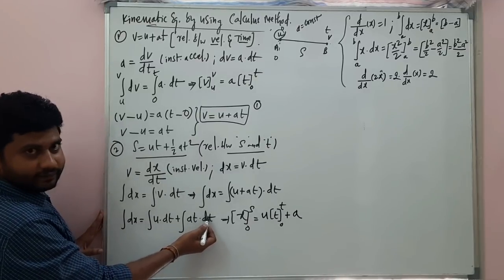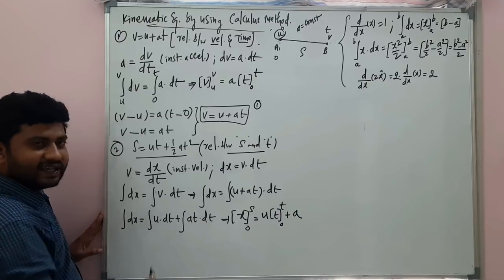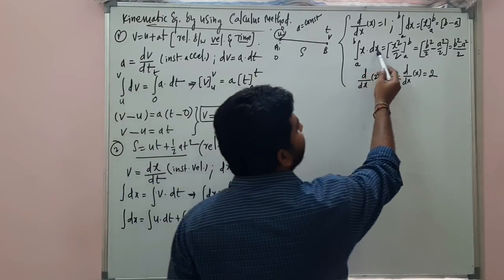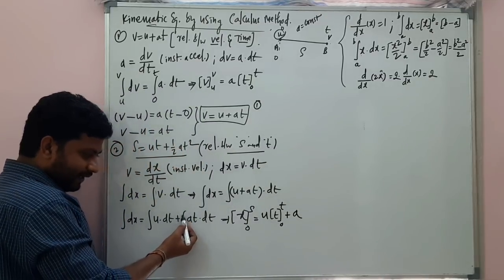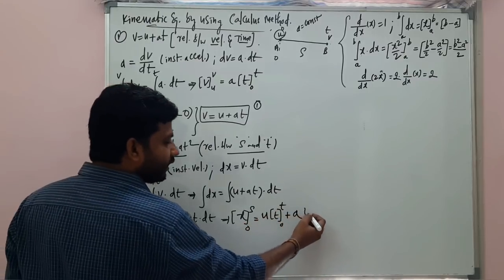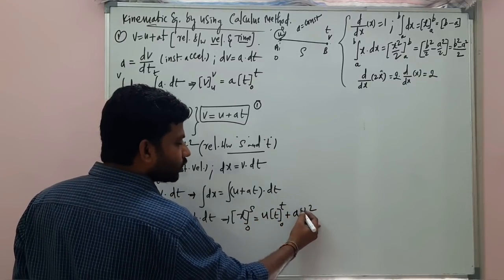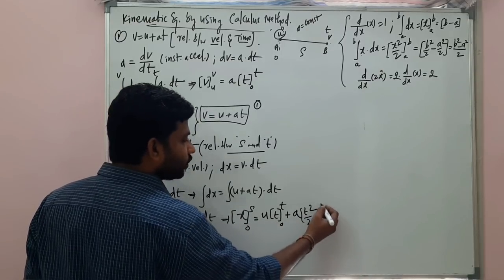Integral t dt is in the form of integral x dx. Integral x dx is x square by 2. So a comes out, and remaining is integral t dt, which will be t square by 2. So the limits need to be applied. What are the limits for the time? Same, 0 to t only.